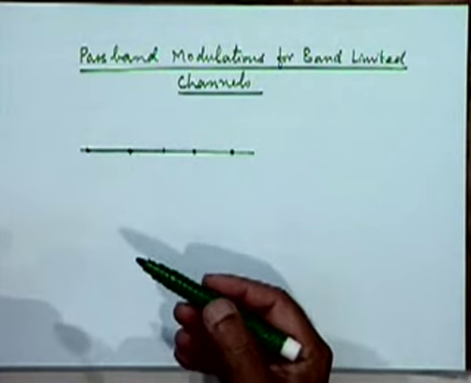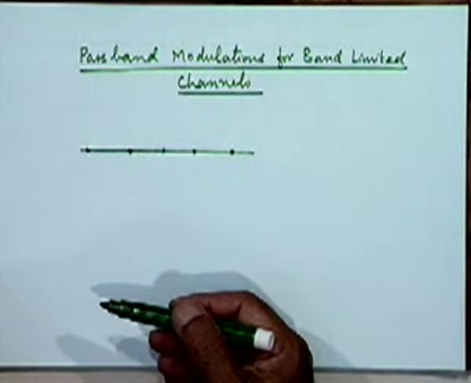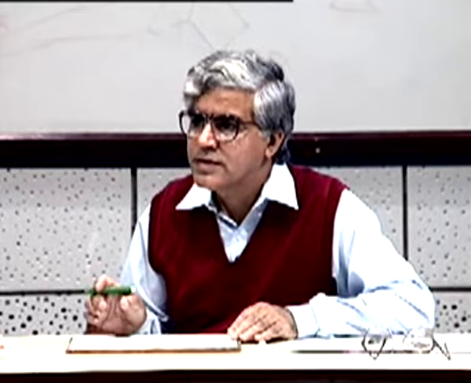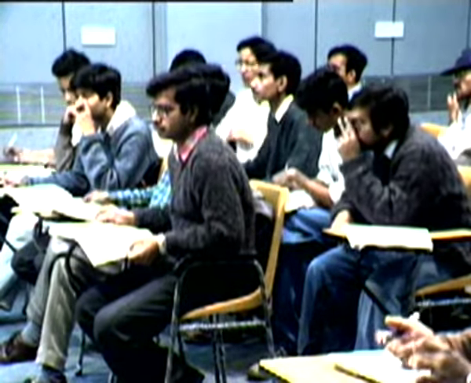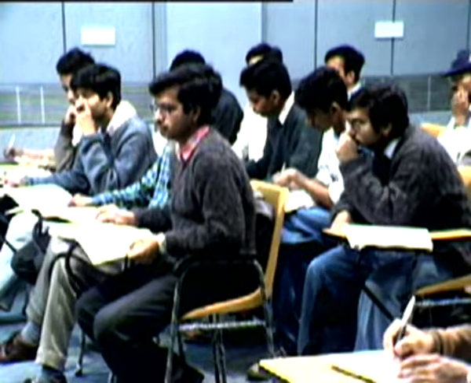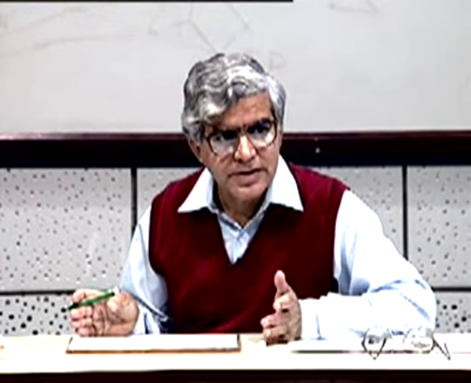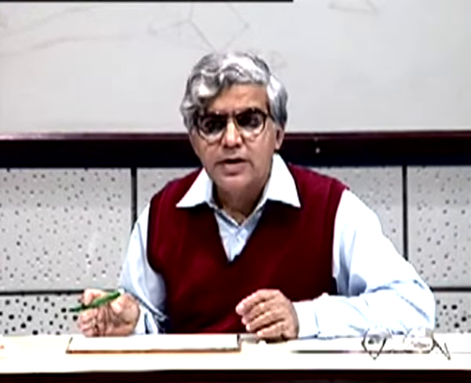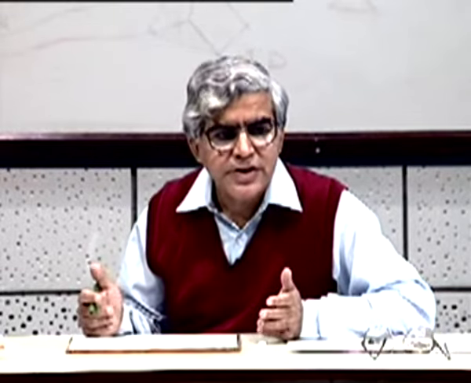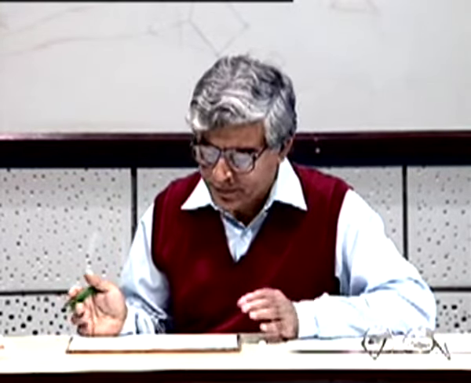We want to generalize this to passband now, and if you recollect, essentially we can have a relationship between baseband and passband through the introduction of a carrier, right, and the further generality we can introduce is that we can have 2 carriers in quadrature instead of 1 carrier, right. In fact, we have discussed this point earlier.